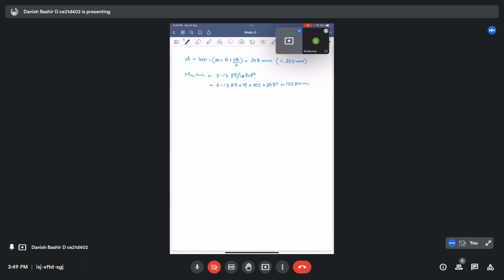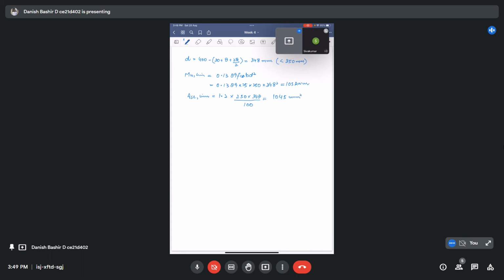And AST limiting, calculated again with D as 348 mm, will be 1.2 percentage, multiplied by b as 250 and D as 348, bd by 100. So AST limiting will come as 1045 mm square.